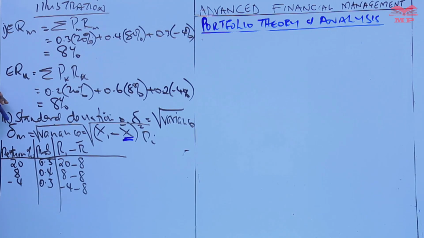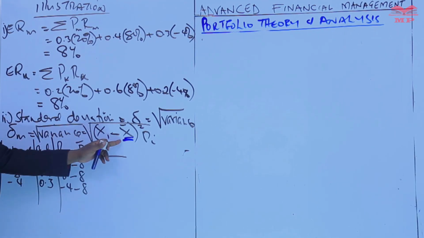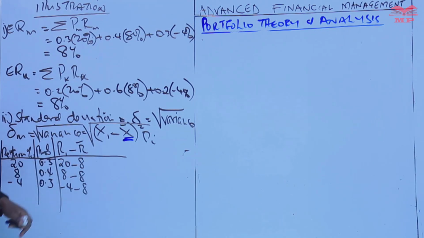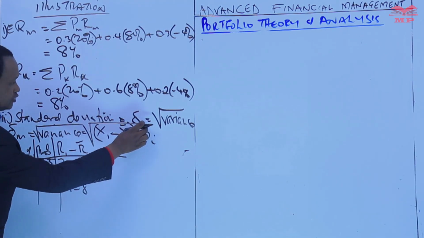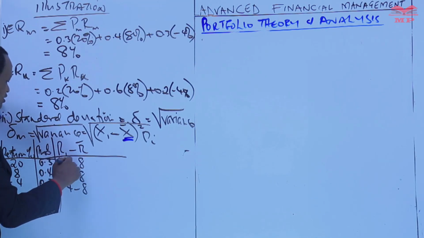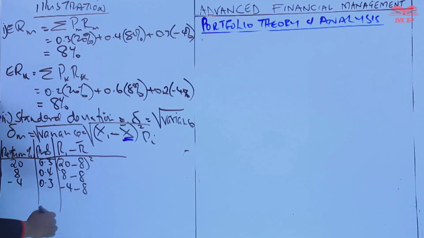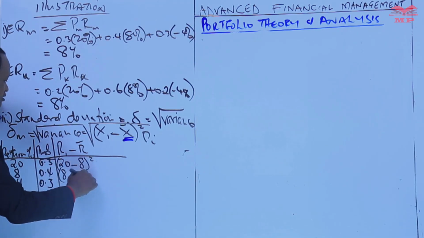That is the deviation. Do you see that? Then we square the deviation.